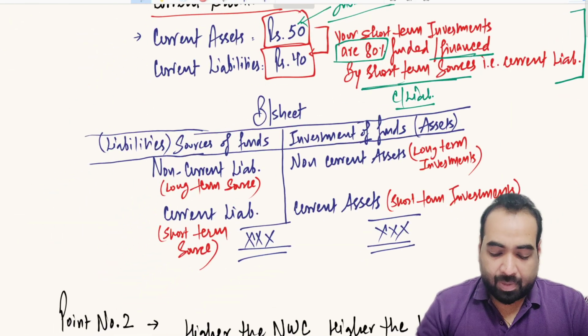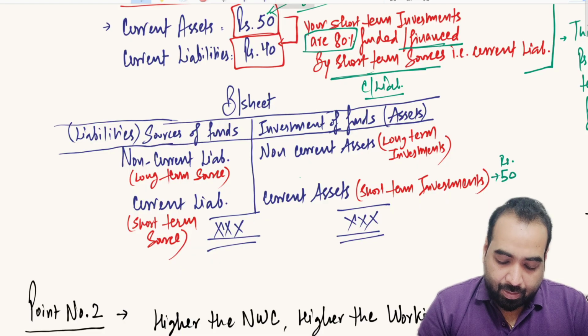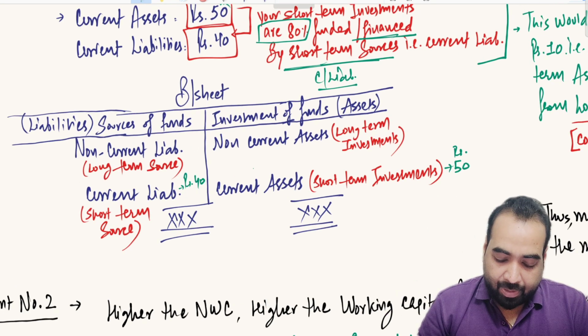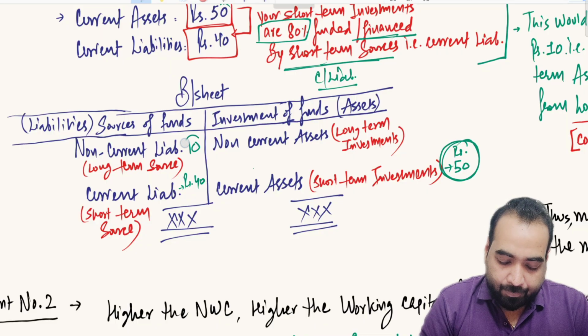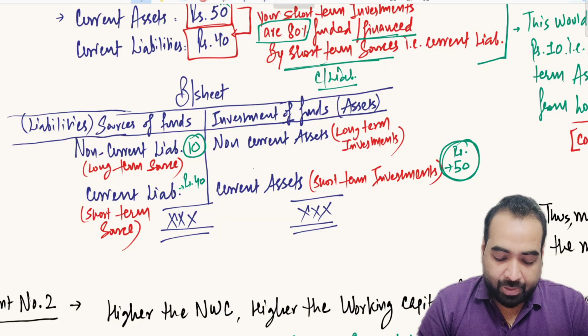If we make a summarized balance sheet here, your total current assets are 50 rupees, current liabilities are 40 rupees, right? So that means the rest of your current assets are financed by non-current liabilities, meaning long-term sources, right? You know the balance sheet always tallies.